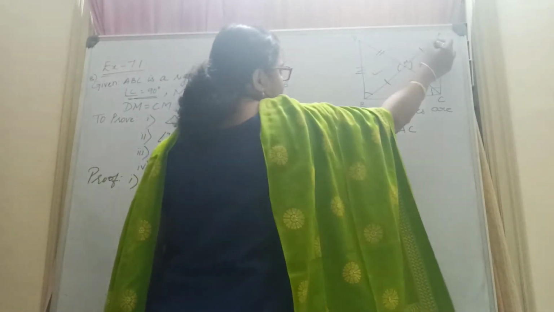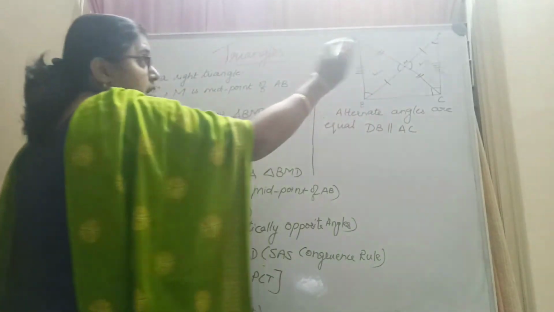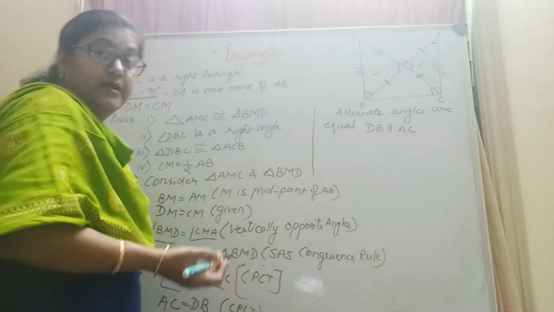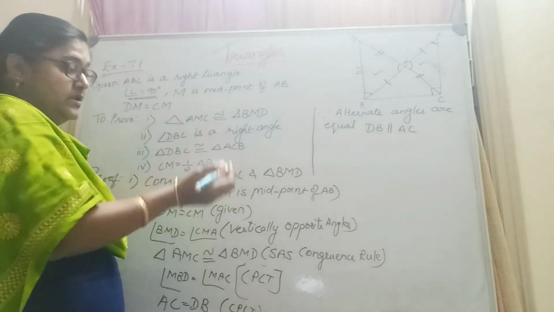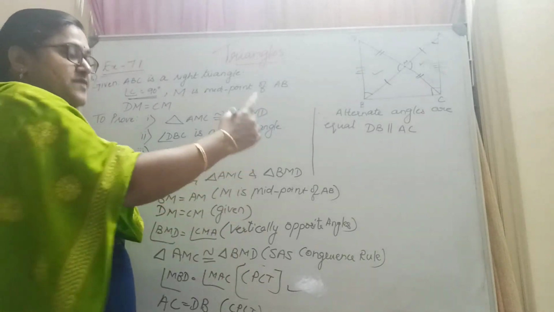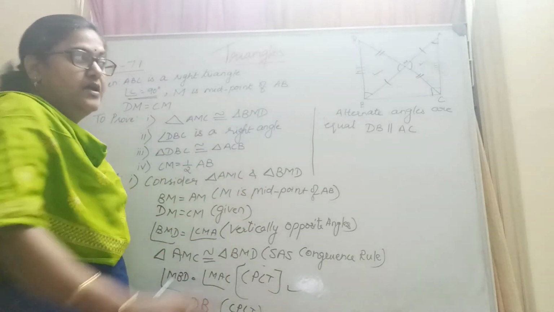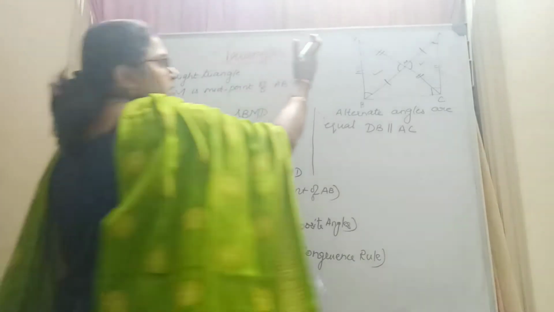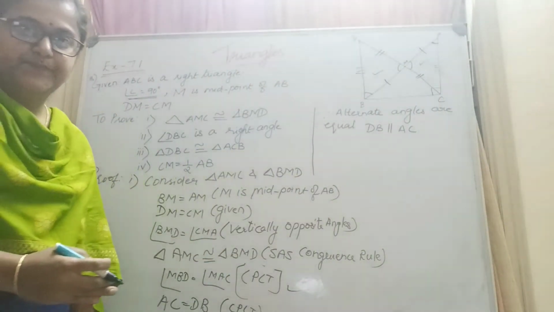Since these two angles are on the alternate sides of the same line, they are alternate and they are equal due to CPCT. That is from the first part of the proof. So the lines DB and AC are parallel to each other, okay.